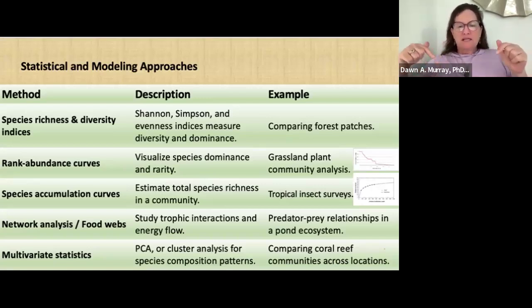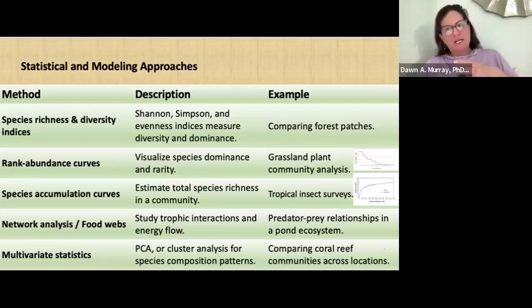The rank abundance curves, and I don't expect you to know every single one of these. I'm wanting you to understand that there's a lot out there. So when you're thinking about what you want to do for your final project, maybe you want to compare the species richness equation across different areas, like a shady patch and a sunny patch, or a little wooded area and an area out in the open.